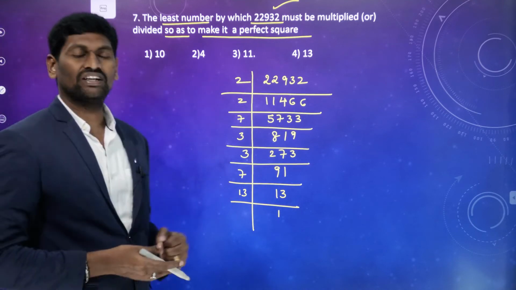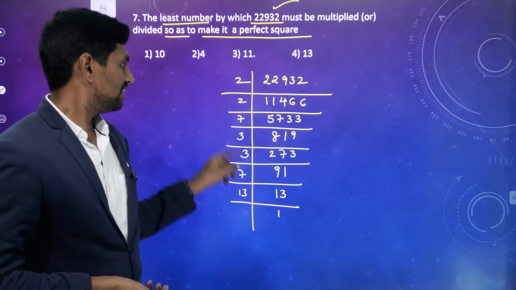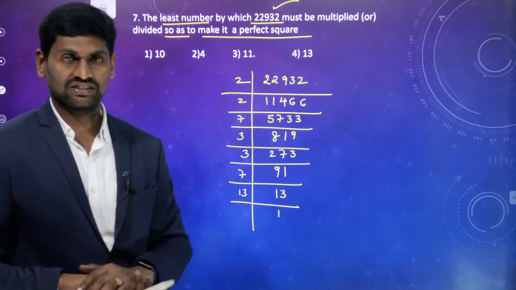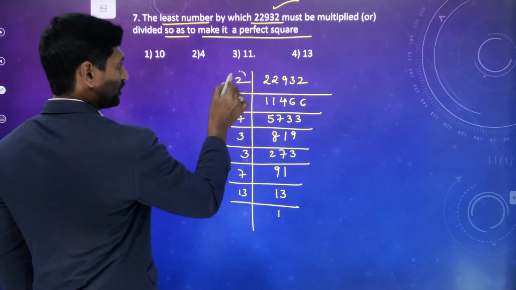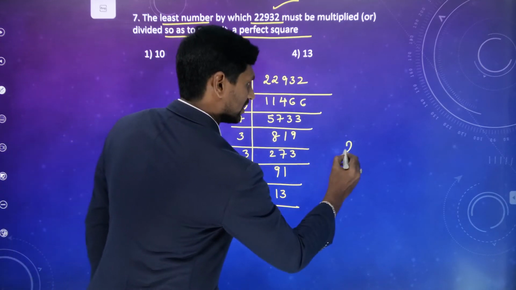These are the prime factors. I told you already, if you take them in any order, you get exactly the same factorization. Now, how many 2's are there? 2 square.